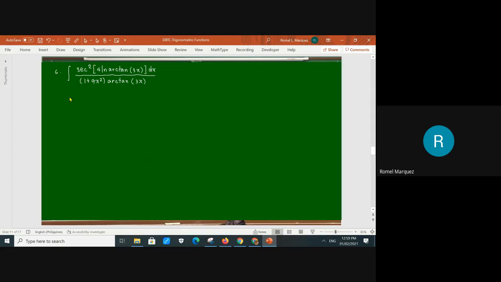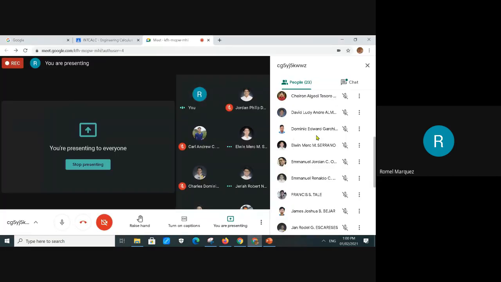Any suggestion? Which is the appropriate u here? Don't get disappointed if in the first trial you will not get the correct u. So remember, in integral, it's really a trial and error. Although, if you are really familiar with the formulas and you can foresee what will happen, then you can immediately identify the u here. Any suggestion? Dominic Edward.